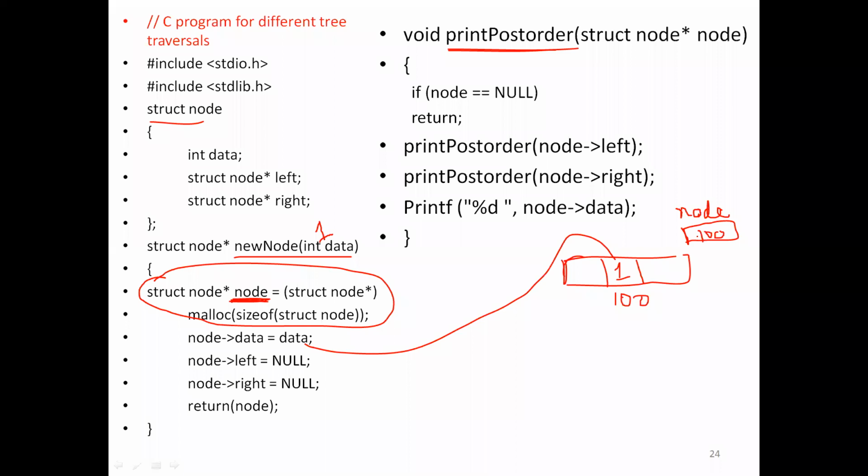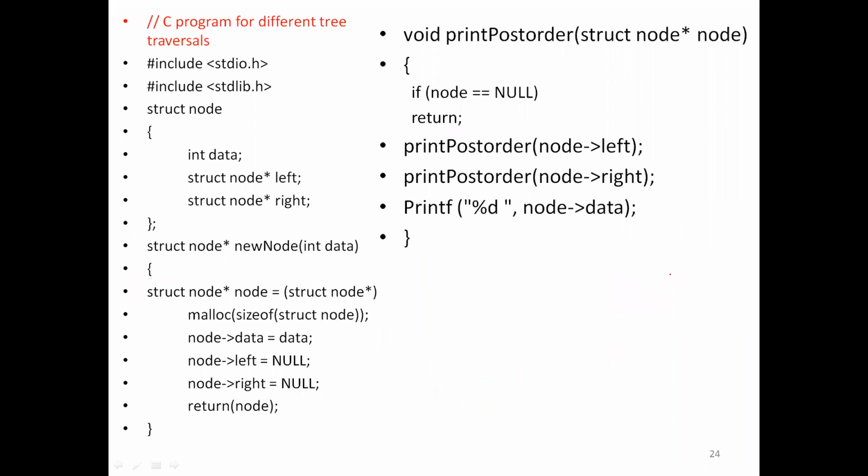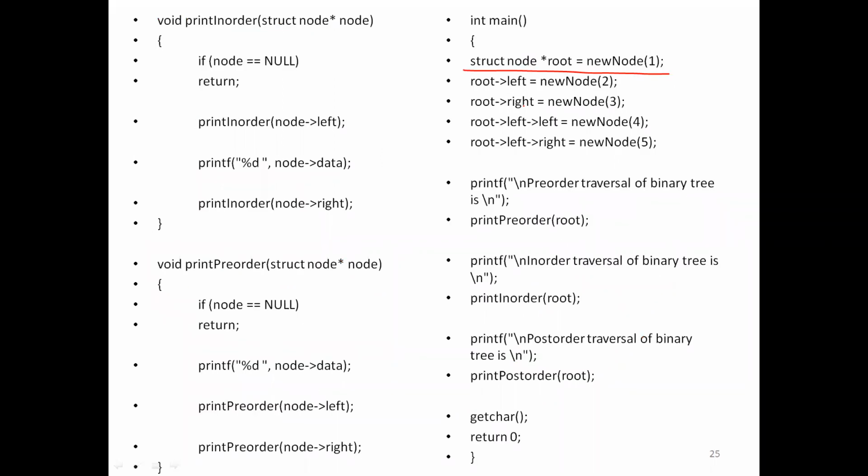Now I am making the left field null, and the right field also null. Then we return the node. So this is how you are creating a new node. Like that, you are creating different nodes.